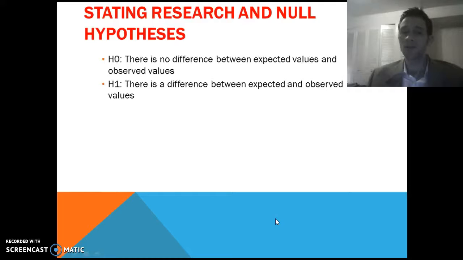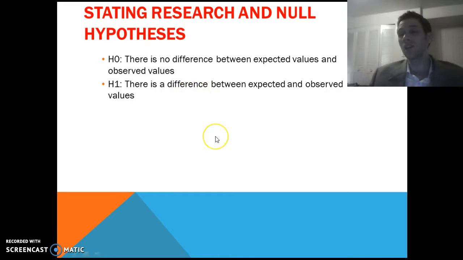So here are some examples of the research and null hypothesis. The null hypothesis is really that there's no difference between the different categories of the independent variable. If we look in the different cells of whatever table we have, even if it's a one-way table or a two-way table, are the values, the percentages in one cell different than the percentages in another cell?